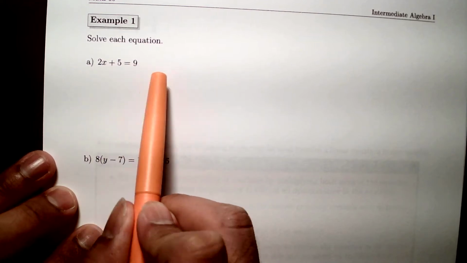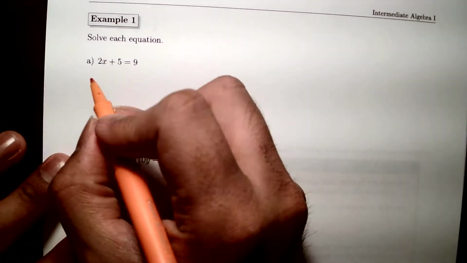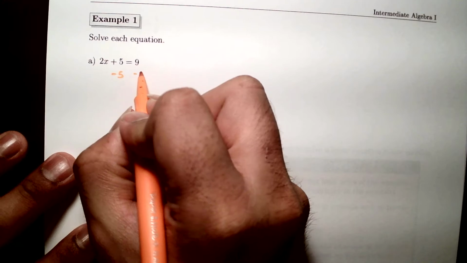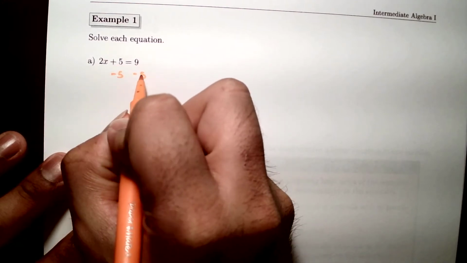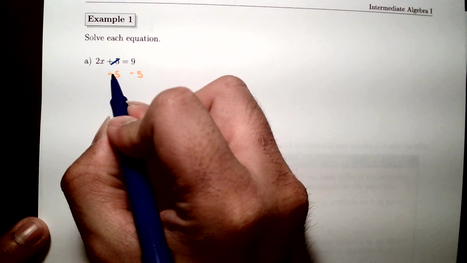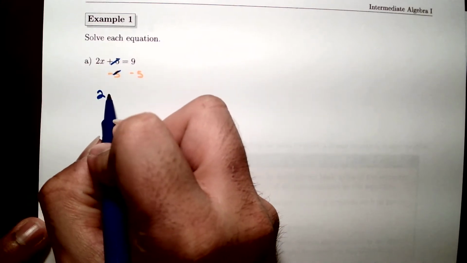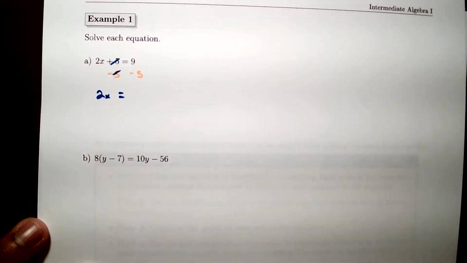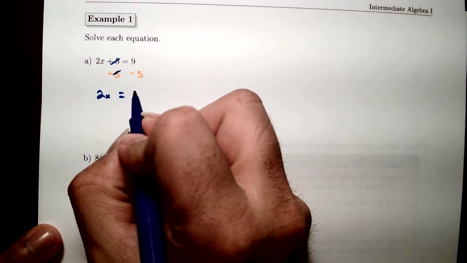I'm going to do the inverse of adding a 5, which is subtracting 5. But if I subtract on one side, I have to do it on the other side as well. Over here they cancel, and I'm going to have 2x equals 9 minus 5, which gives me 4.